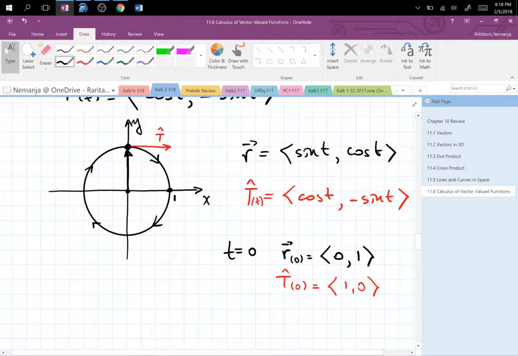Let's progress in time a little bit. Pi over 2. What's r of pi over 2? 1, 0. So we will hopefully agree that that's here. And what else?